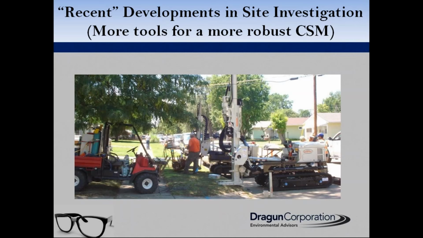So in our rig in the background, we're getting the vertical distribution of impact. In the foreground, GeoProbe's rig is using a membrane interface probe, and basically what they're doing is getting a vertical continuous record of impact, and the target chemical was trichloroethylene, a metal cleaning chemical.